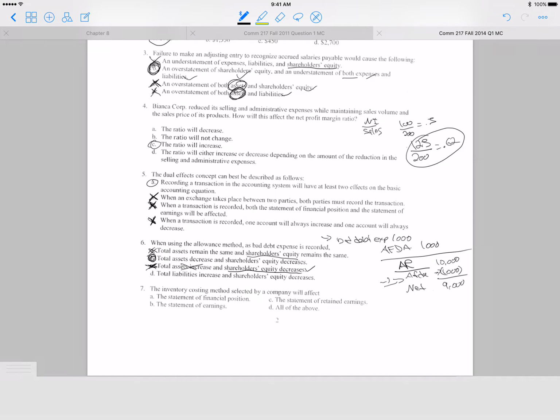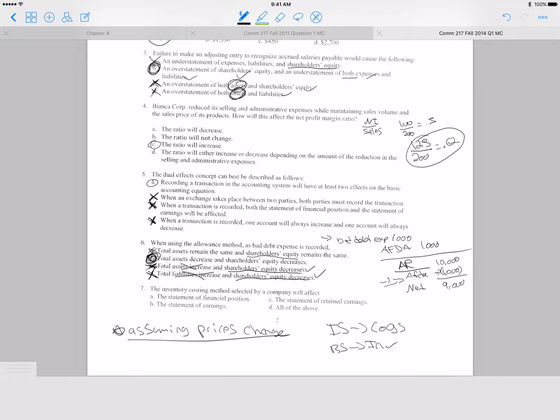And D says total liabilities increase and shareholders' equity decreases. Again, this is a correct statement about equity, but the bad debt expense debit and the credit of AFTA does not affect the liabilities. So liabilities have no play in this journal entry. So that's why D is incorrect and B is the correct statement.